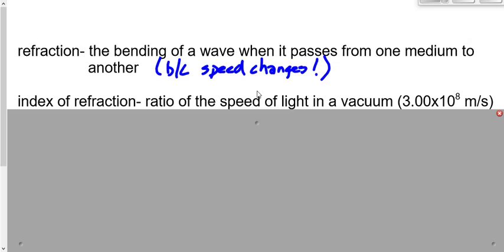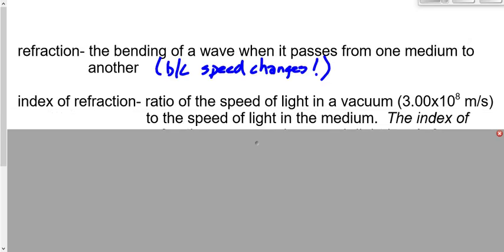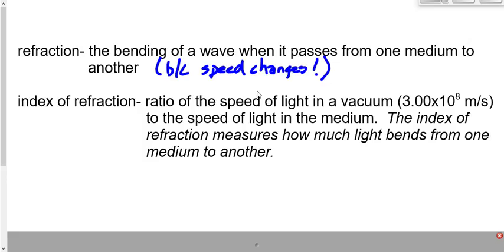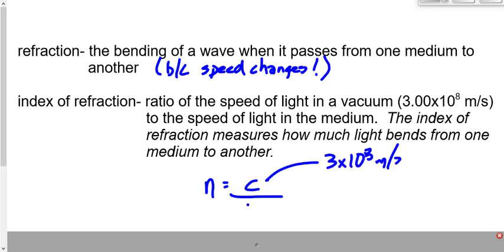It's the ratio of the speed of light in a vacuum to the speed of light in the medium. So what we're going to do to find the index of refraction, which by the way is the symbol n, we're going to divide c, which is 3 times 10 to the 8 always, by v. v being the speed of light in the medium, whatever that is.